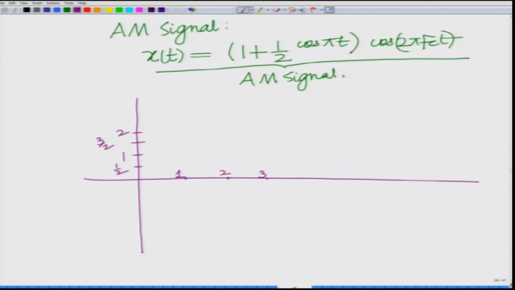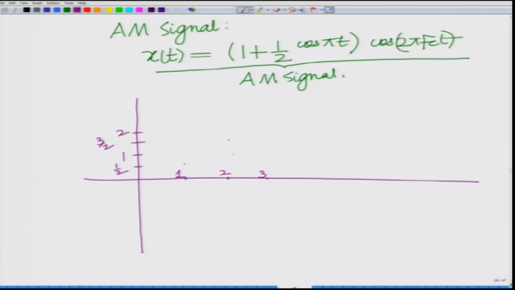Now, for instance, when t equal to 0, I have 1 plus half cosine pi t equals 1 and a half, that is 3 over 2. At t equal to 1, 1 plus half cosine pi t is 1 minus half, that is half. Once again at t equal to 2, this is going to be equal to 1 and a half.